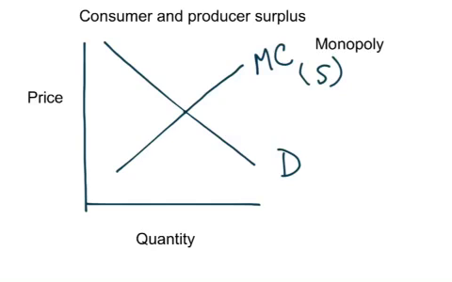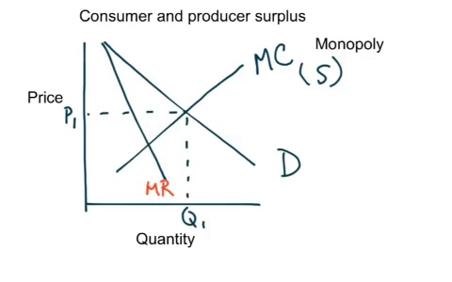But the way that we drew this for the market, showing P1 and quantity 1, we're going to see that the monopolist does not charge price 1 and does not produce at Q1, because instead the thing that determines where they produce is the marginal revenue curve. So for the monopolist, if the marginal revenue curve hits the marginal cost curve here at quantity 2, that's going to be the quantity that they are producing.